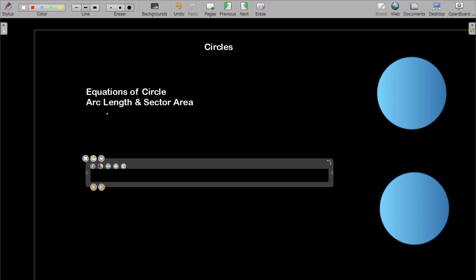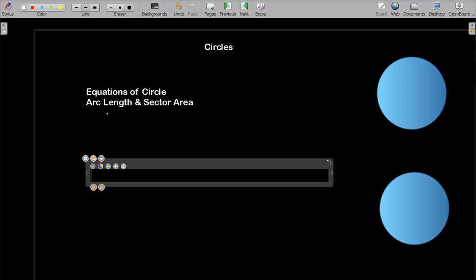Most of the time on SAT Math, they don't judge a single concept in one question, they combine multiple concepts. They will combine maybe trigonometry with circles, they will combine areas with circles, right? So we should know the other topics as well.